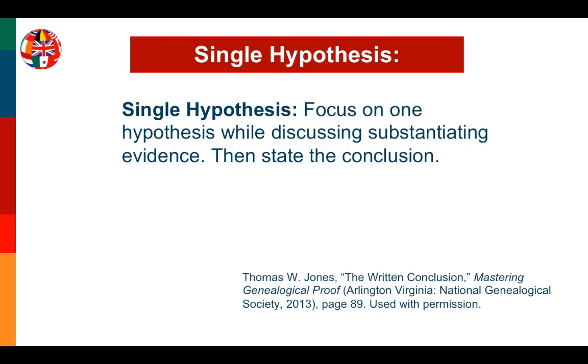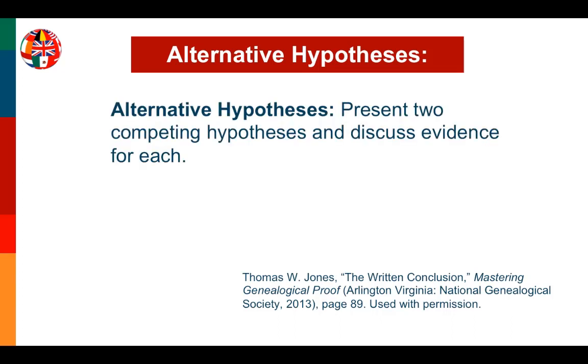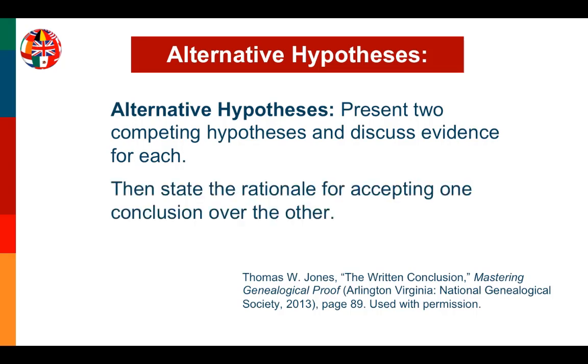This technique works well when the researcher has found solid, direct evidence that is simple and straightforward. Present alternative hypotheses when 2 theories come to light. When there's an alternative hypothesis, present the 2 competing hypotheses and discuss evidence for each. Then state the rationale for accepting one conclusion over the other.